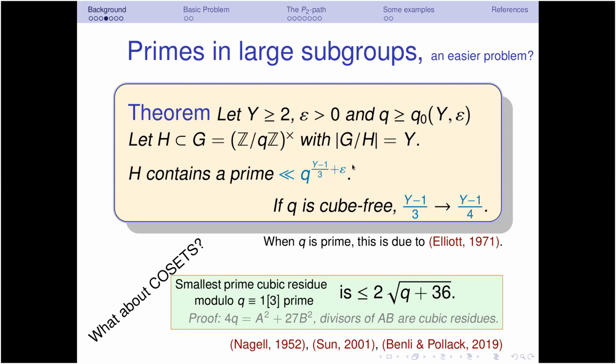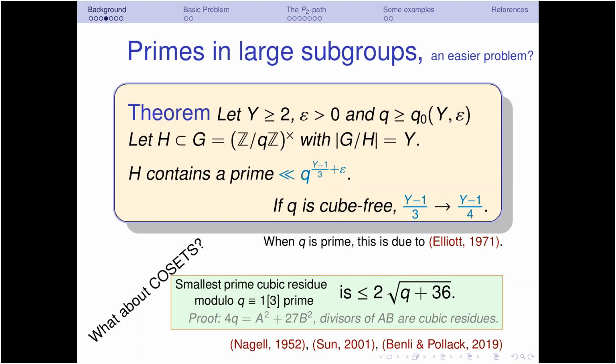And in fact, if you assume that Q is cube free, you can write (y minus 1)/4. So if H is a quadratic subgroup, I mean G/H is 2, that's good. It's Q to the 1/3. If y is 5, a subgroup of index 5, well, you're already at Q to the 4/3, which is getting a bit large.